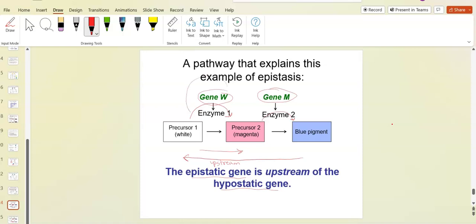This is the upstream gene, so gene W is epistatic. And then this is downstream, right? This is the downstream gene, and M would be hypostatic.